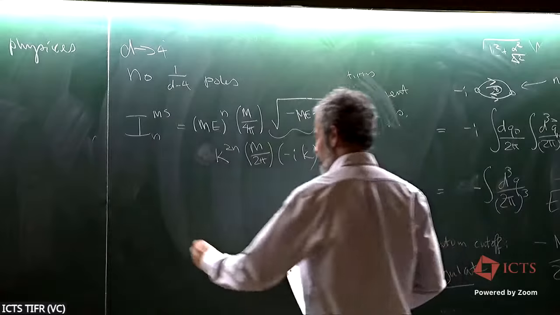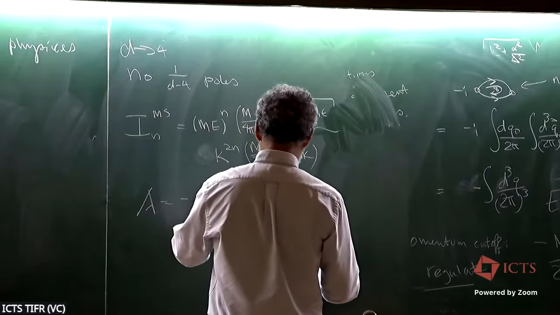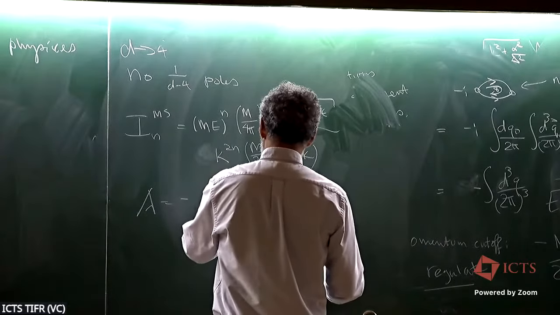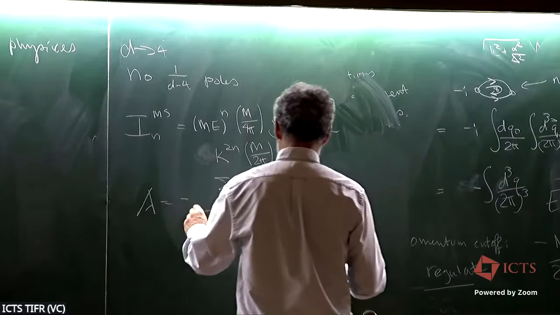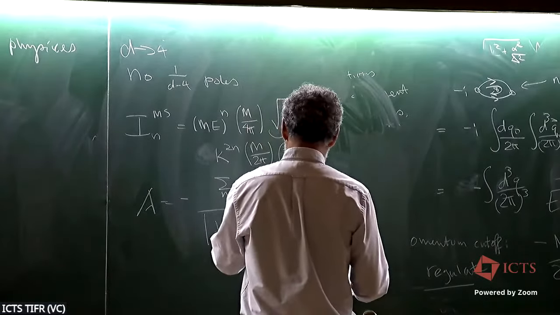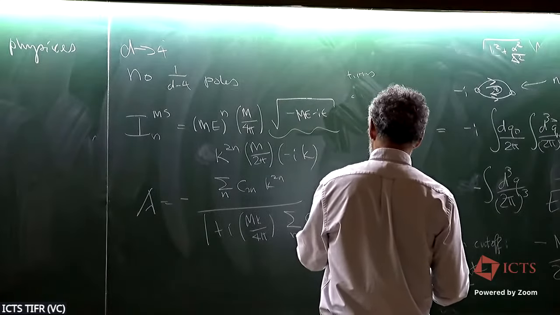And so your amplitude is minus sum over n of C_2n k^2n over 1 plus I M k over 4 pi times sum over n of C_2n k^2n.